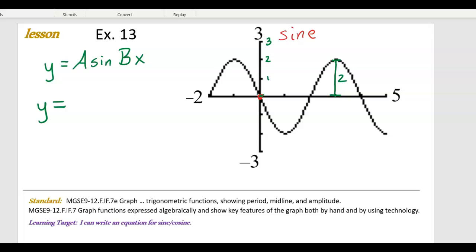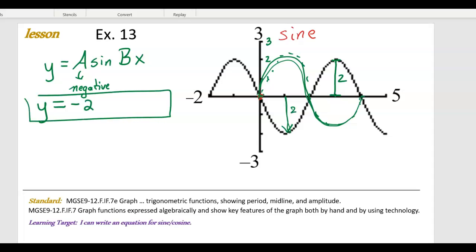The original sine wave function went up, down, went up, and then down, and then back up. But this one is down and then up, which means it's been reflected, which means A is negative, which means not 2, but negative. Think of it as it went down first 2 spaces. That's going to be a -2. Okay, so -2 sine of, now I need to find B.